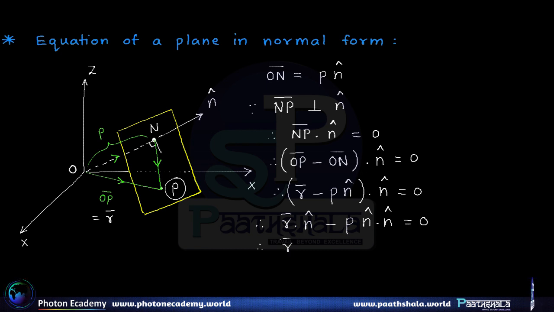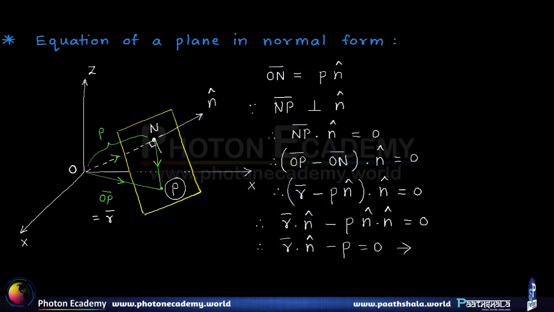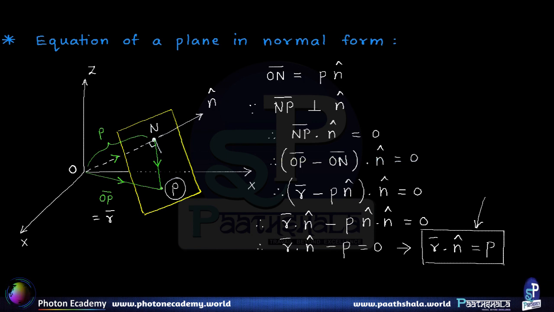So we have r bar dot n cap minus p is equal to 0, and hence finally we get r bar dot n cap is equal to p. This is what is called the normal form of the equation of the plane. If we look at this particular equation, it gives us all the necessary information about the plane. That means n cap indicates the normal vector to the plane, the unit normal vector to the plane, and p indicates its perpendicular distance from the origin.